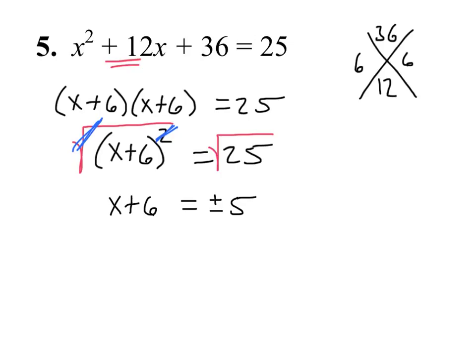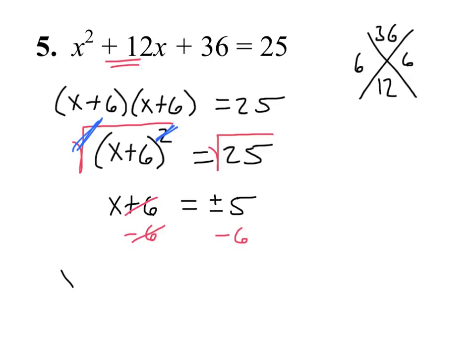Now I'm here, but I still want to solve for x. X is my goal here. So I would have to subtract 6 from both sides. At this stage, I really have two equations because I have a positive and a negative 5.